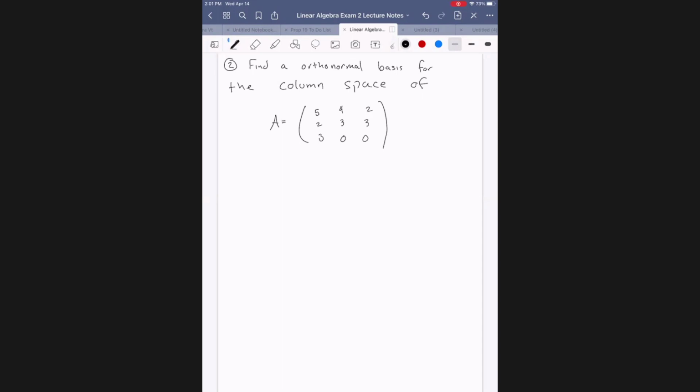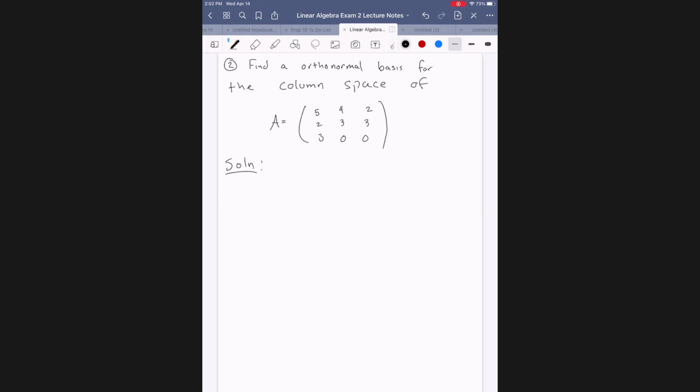It is the blank. So again, column space.